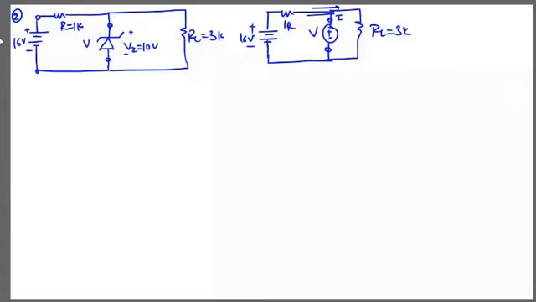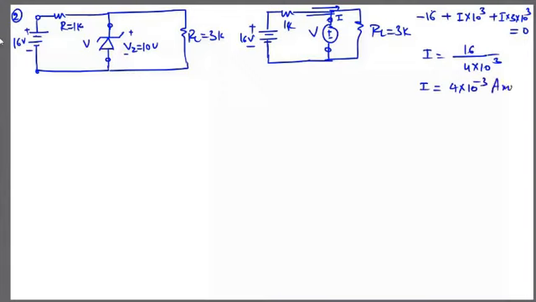I am applying KVL: minus 16 plus I into 10 raised to the power 3 plus I into 3 into 10 raised to the power 3 equals 0. So this I will be 16 upon 4 into 10 raised to the power 3. So I will be 4 into 10 raised to the power minus 3 ampere.